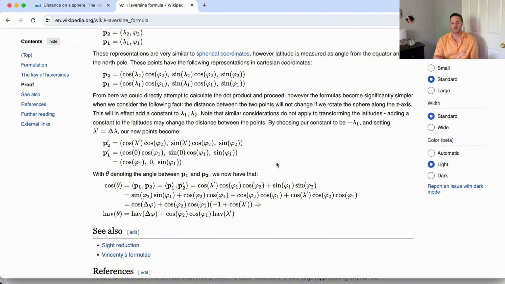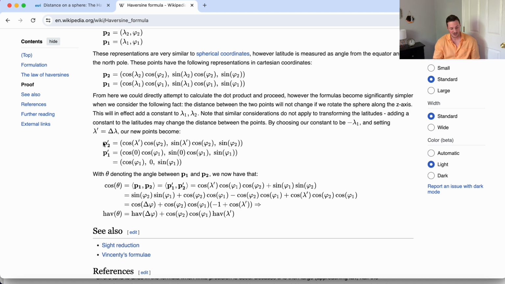And they're quite sneaky here. What they do is shift and rotate this by minus lambda 1, the first longitude of one of the points. What will happen here is P2 will now be cos of lambda 2 minus lambda 1, but they just call this expression lambda dash, because delta lambda, which you have here, is just lambda 2 minus lambda 1.